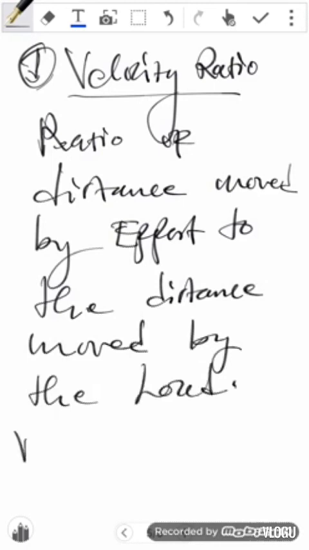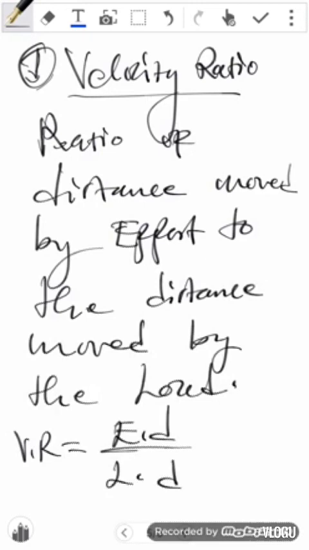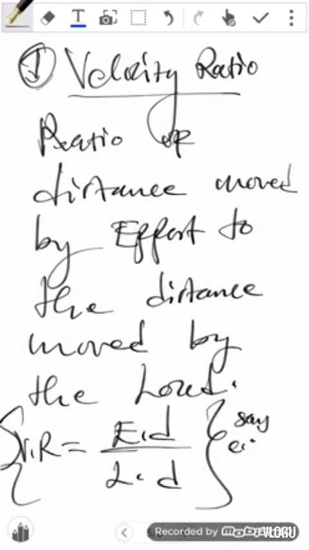So we say velocity ratio is equal to effort distance divided by load distance. In a similar manner as mechanical advantage, velocity ratio has no units. So if your answer, say, is 5, you just say 5, because velocity ratio is simply a ratio, and ratios have no units.